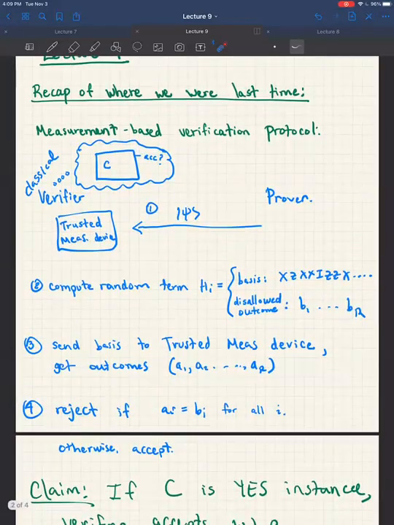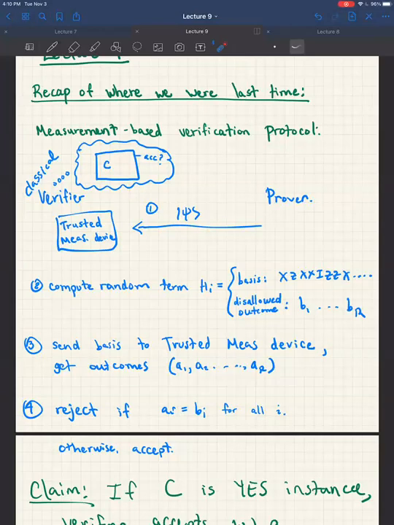The verifier is going to check this proof by first computing a random Hamiltonian term, Hi, and Hi comes from this Feynman-Kitaev variant that we discussed last time. But the way we should think about it is that really this Hamiltonian term is a specification of some basis for all of the qubits.